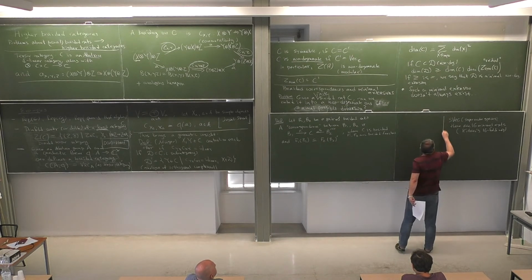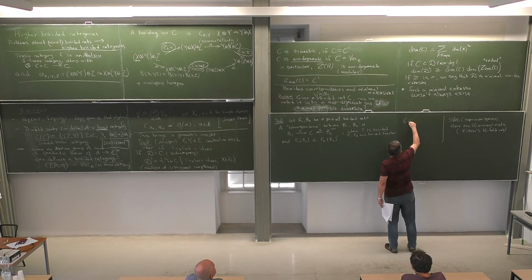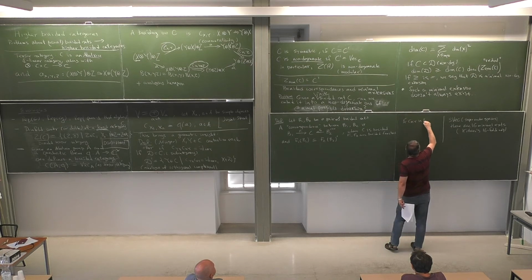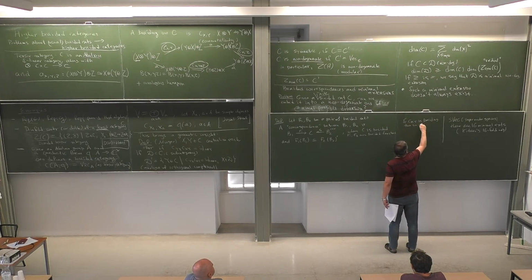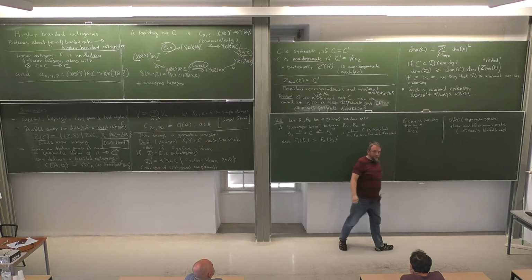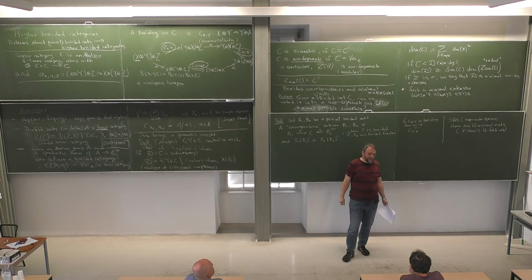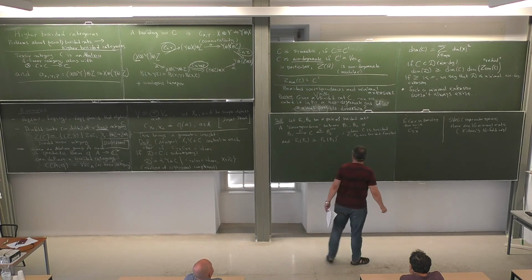Namely, if c_{X,Y} is a braiding, then so is c_{Y,X} inverse. Again, think about transposition of a bilinear form: if B is a bilinear form, then so is its transpose. That's exactly what we are doing here.